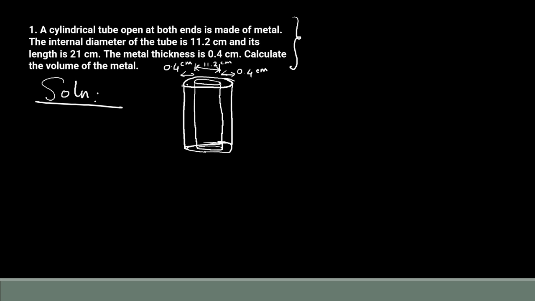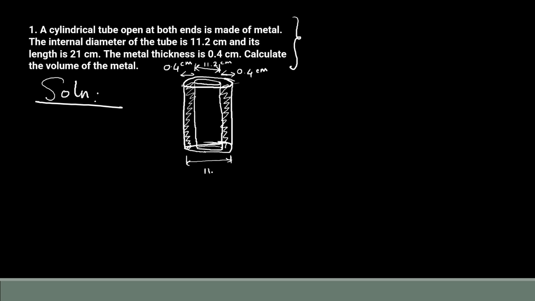So now we need to find out this volume basically. All this volume we need to find out. So what will be the volume of the metal? First let's consider this outside cylindrical surface. What is the total diameter of this outside cylinder?